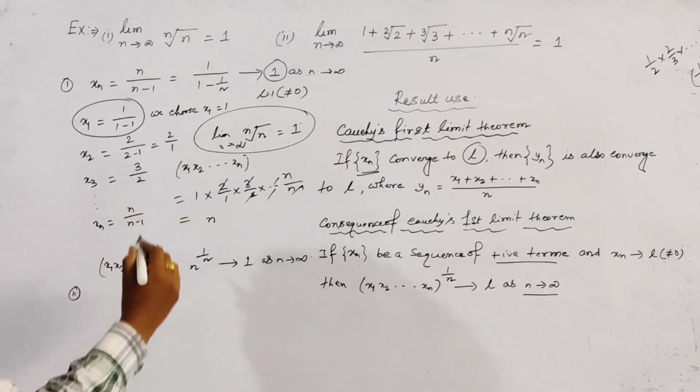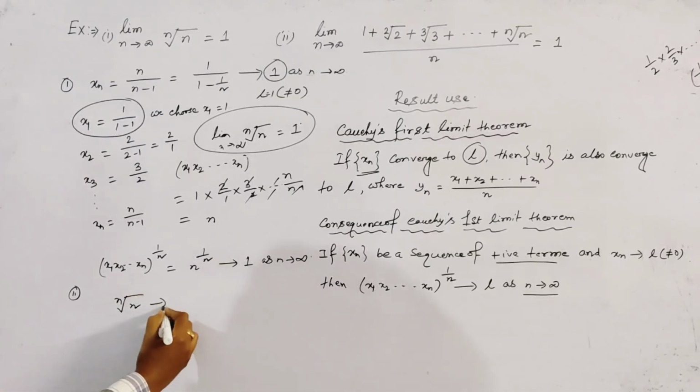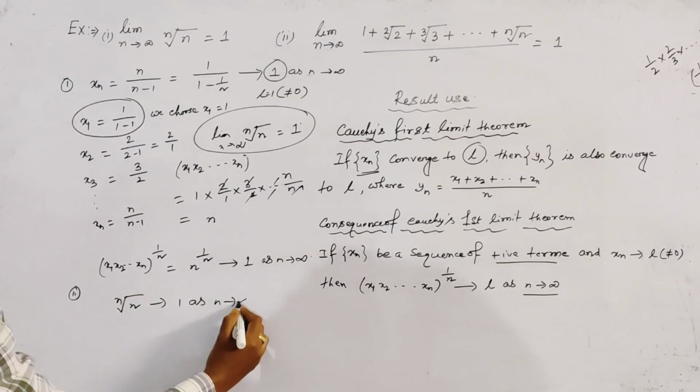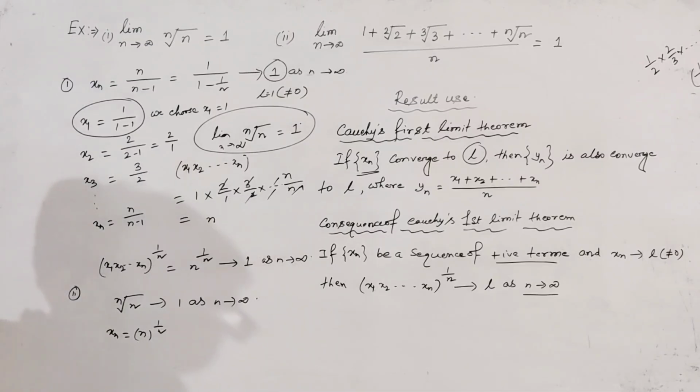The second answer is the easier one. We already proved that n to the power 1 by n tends to 1 as n tends to infinity. So we take xn equal to n to the power 1 by n.